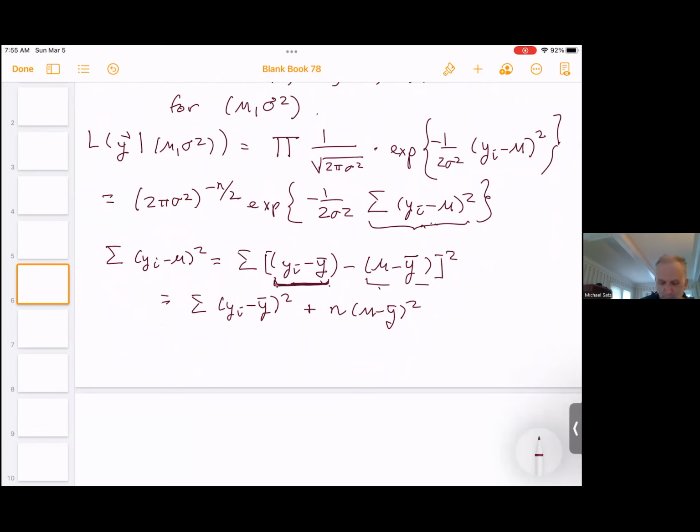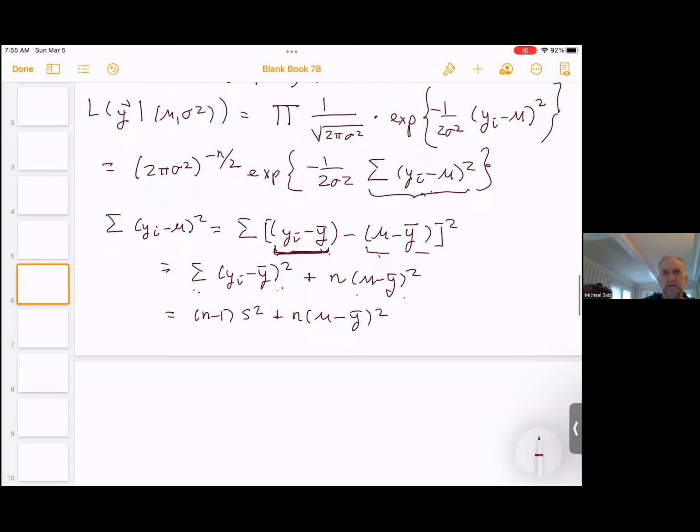Okay, and so now we can substitute this back in. You notice that here I have y bar. If I divided this by n minus 1, I would have s squared. So this is the same as n minus 1 times little s squared plus n times mu minus y bar squared, where we're just using the lowercase s squared and y bar to mean the sample variance function of the observations, as well as the average of the observations.